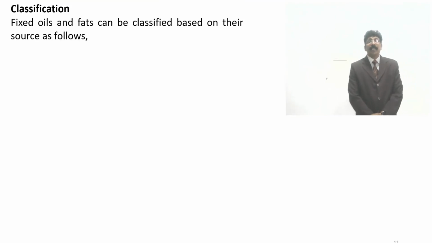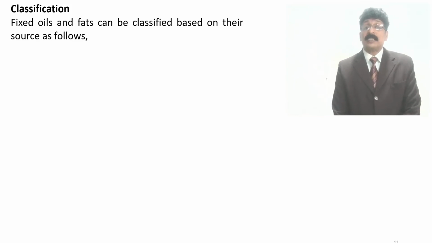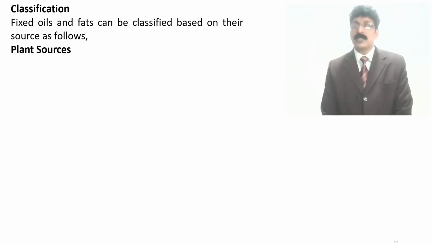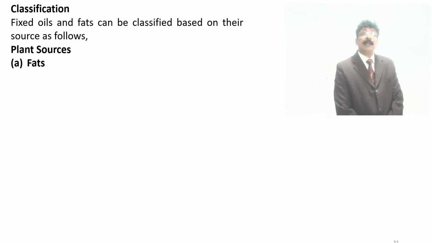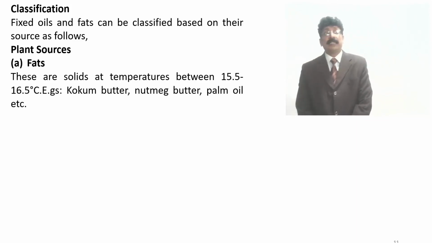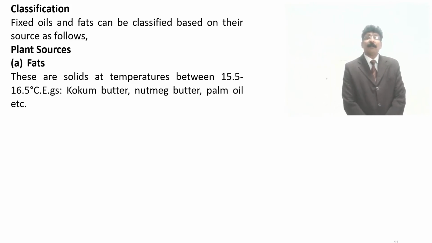Classification again: fixed oils and fats can be classified based on their source as follows: plant source and animal source. First, plant source fats are solid at temperatures of 15.5 to 16.5 degrees centigrade.